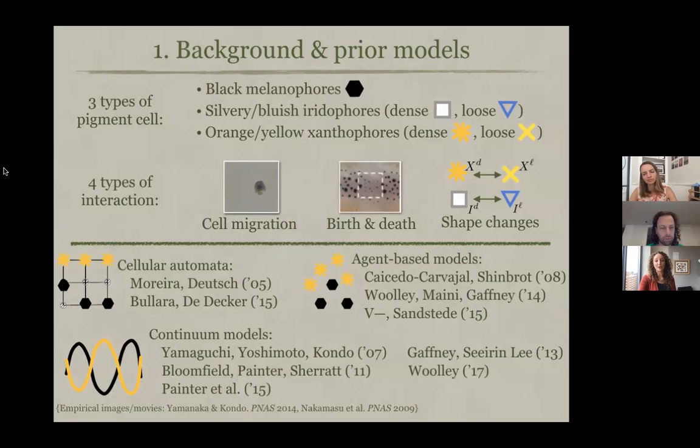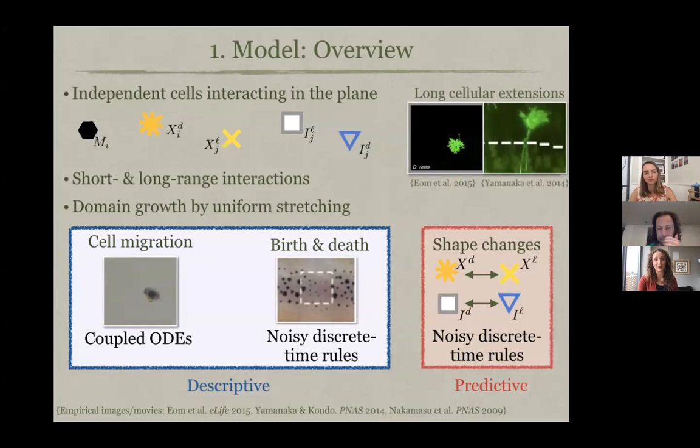Those are all models focused on 2 specific cell types on the fish skin. But in the last few years, there's been more data that's shown that all of these different cells are important. And that is what motivated us to develop our model.